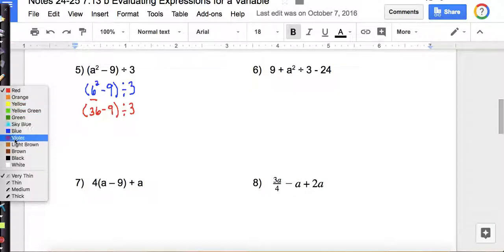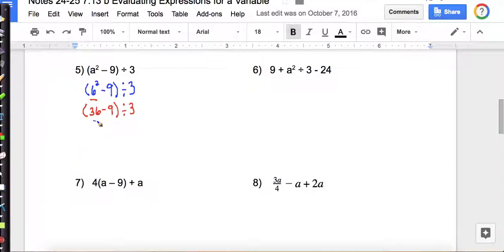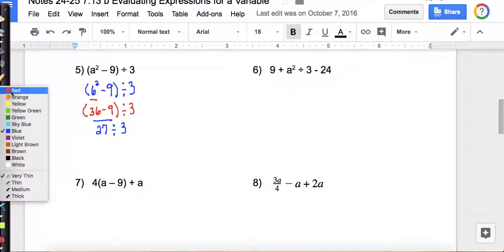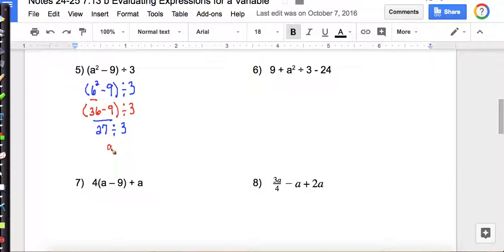Now we're still not done with the parentheses, so we have to do 36 minus 9, which is 27. Now the parentheses can disappear because I'm down to one number. So 27 divided by 3, of course, is 9. So the final answer is 9.